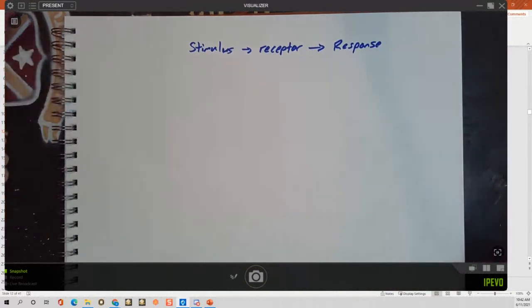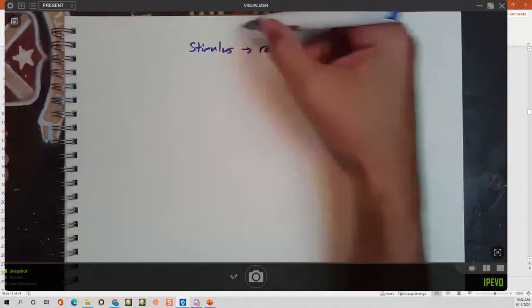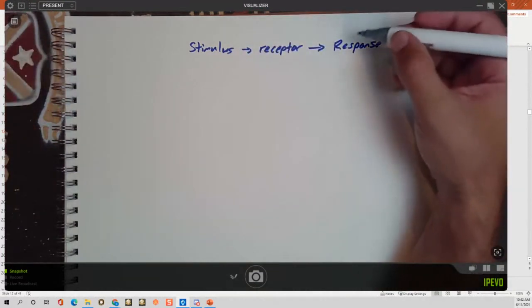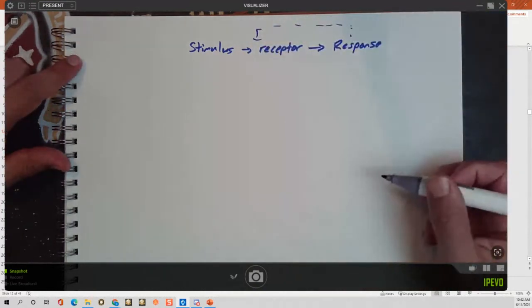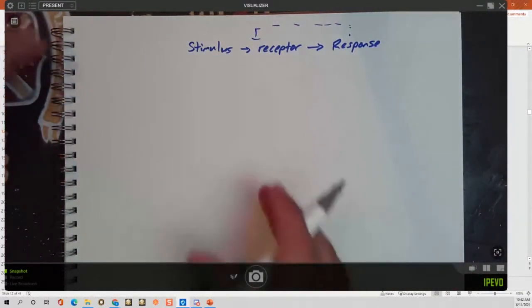This is physiology in general, and the response is always trying to help fix the problem created by the stimulus. We often just call this a negative feedback loop. This is the simplest idea of these homeostatic loops.